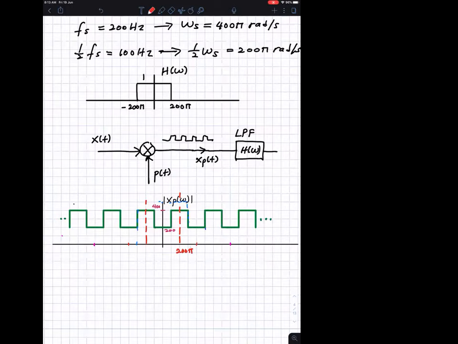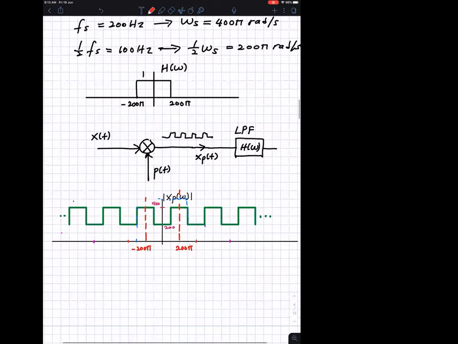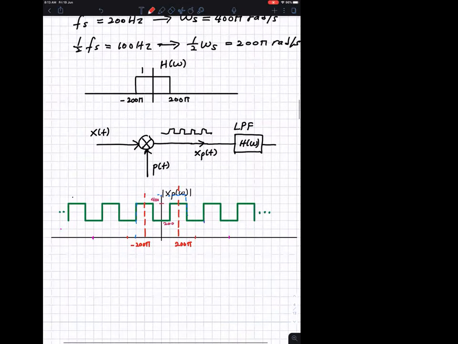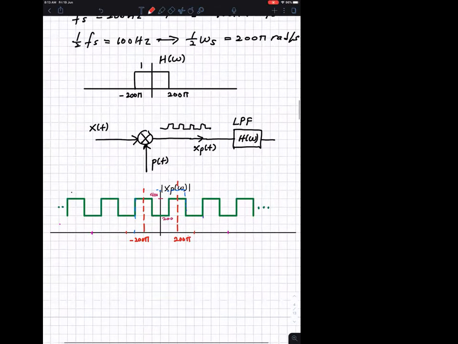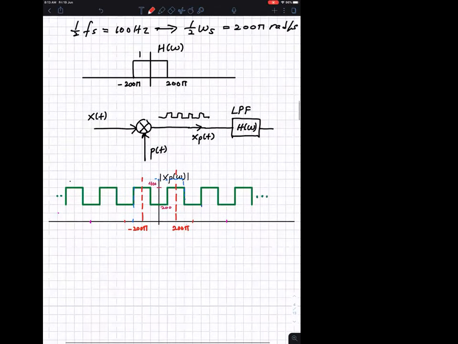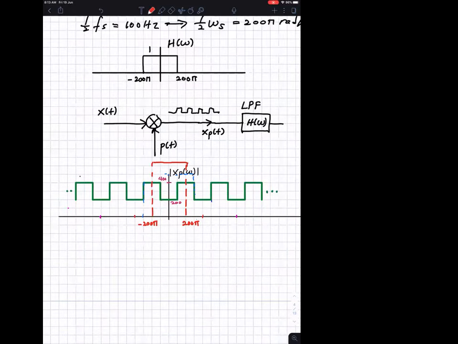Just looking at the positive side and the negative side, without proper scaling, I'm just calling this the filter. I'm just filtering and taking out the signal inside this window.